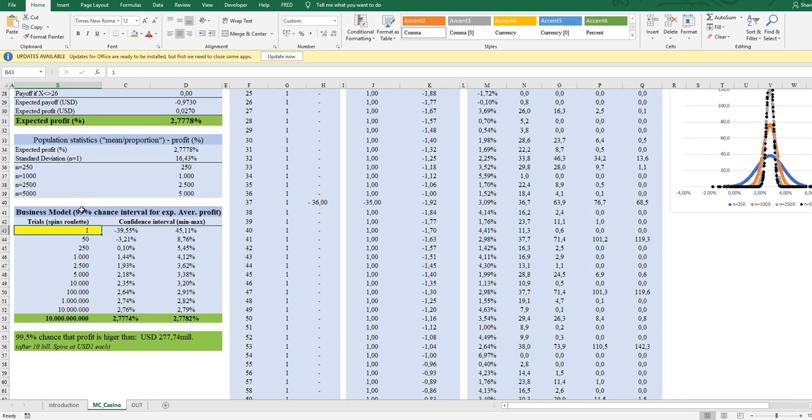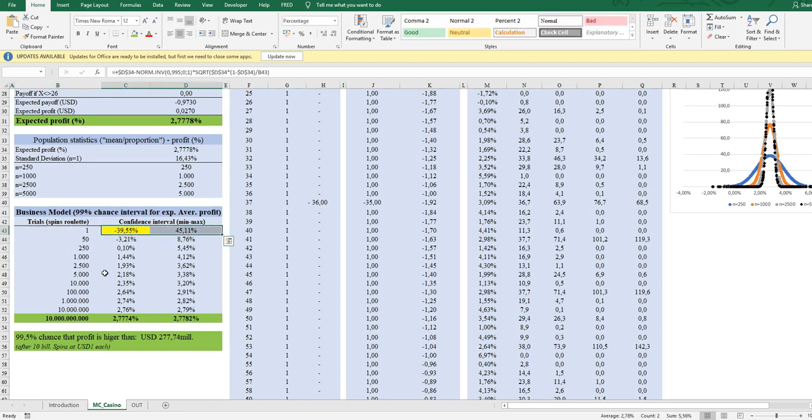And first, you should know, and I forgot to say that the normal distribution here is also a result from the central limit theorem that states that if you have more than 30 trials or 30 spins, the distribution will be approximately normal. So you cannot really trust the first numbers here, or at least this one, from a normal distribution perspective.